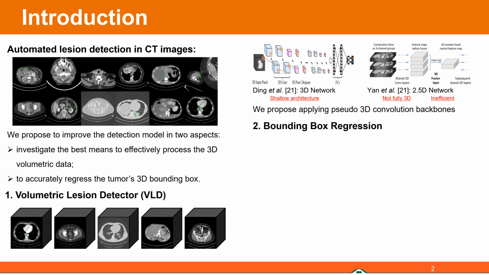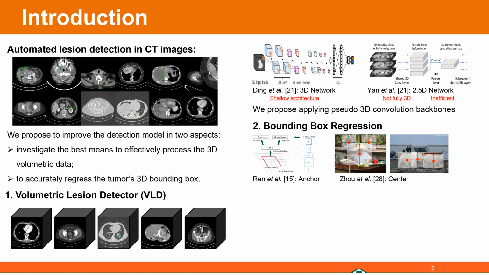Good lesion detection also relies on accurate bounding box regression. Most existing anchor-based and anchor-free algorithms rely on features extracted from the proposal center to predict the lesion size. This is suboptimal since lesion boundary features should intuitively be crucial for this task.